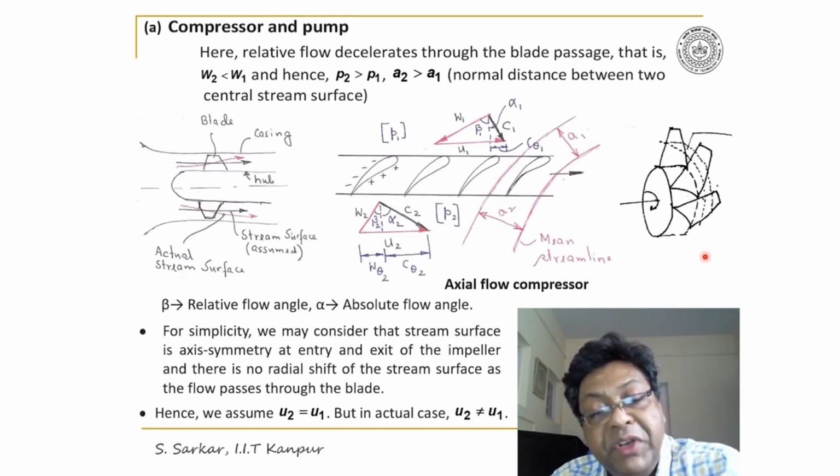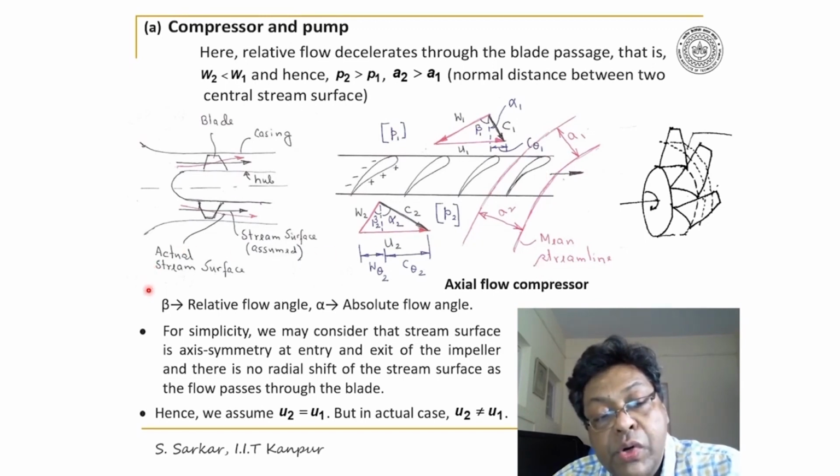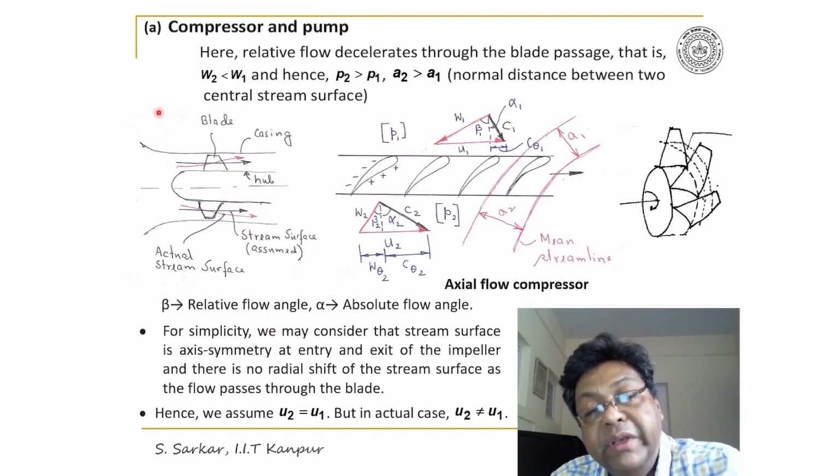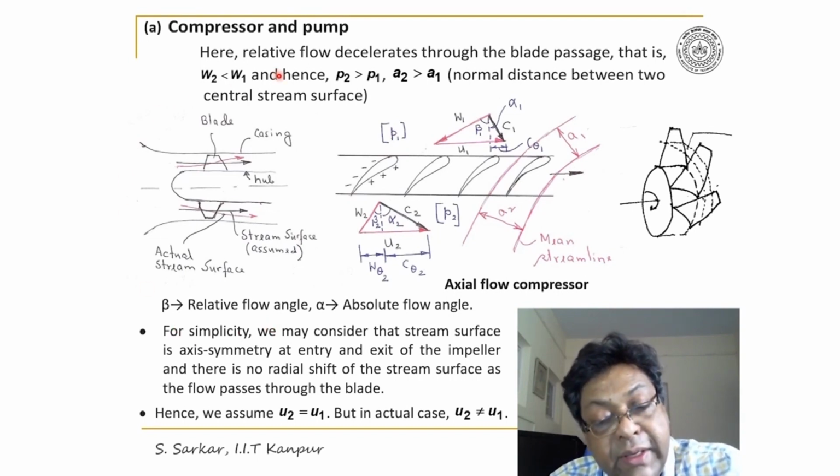For an axial flow machine, I have defined flow angle with respect to axial direction, and beta is meant for relative flow angle, alpha is absolute flow angle, 1 refers to inlet and 2 to exit.